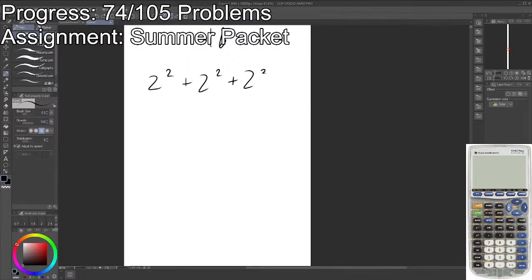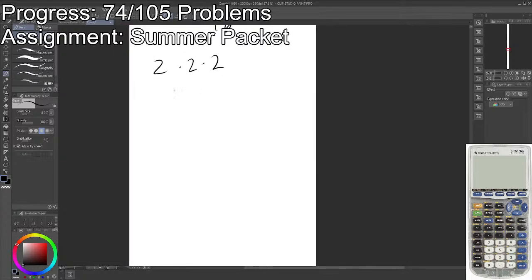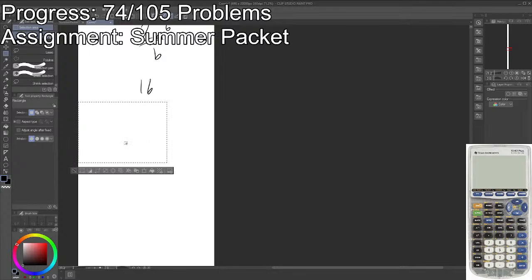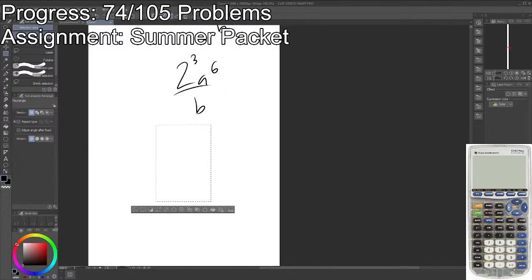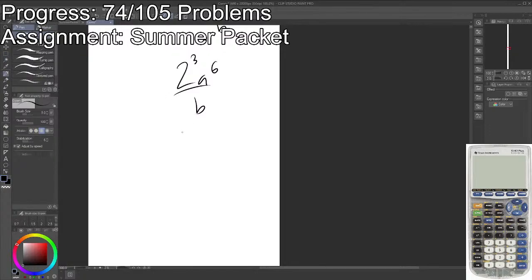How do exponents work? Oh, wait. You just 2 times 2. 4 times... Oh, okay. Okay, dude. So that's 8a power 6b.